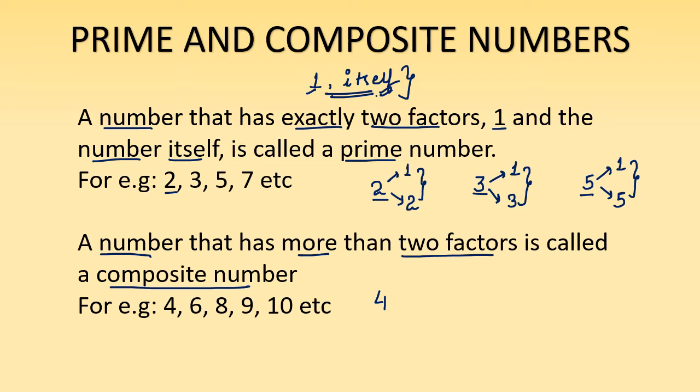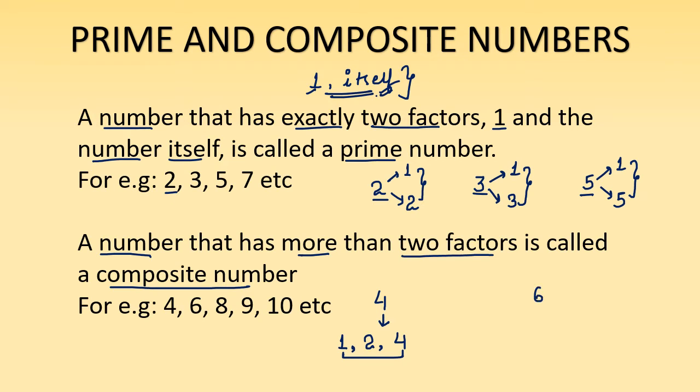Here you can see that 4 comes in the table of 1, in the table of 2 and in the table of 4. So there are more than two factors of 4. Therefore 4 is a composite number.